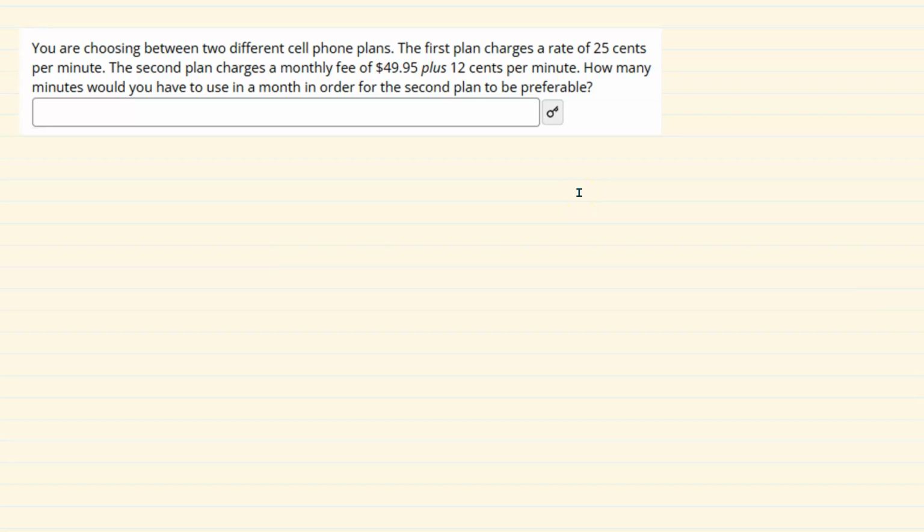So let's figure out the function for both plans. The first plan is, we'll call it f of x equals, and it's quite simply 25 cents per minute.